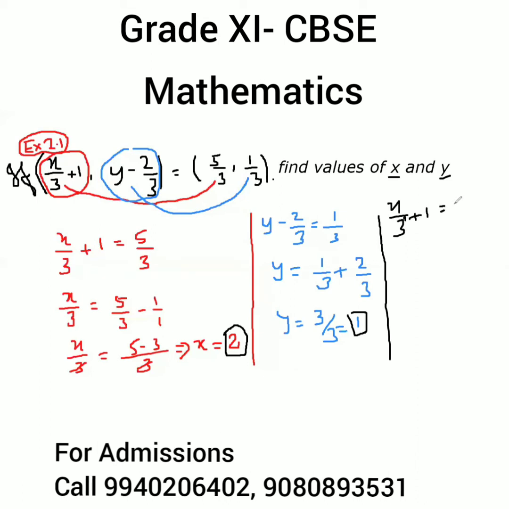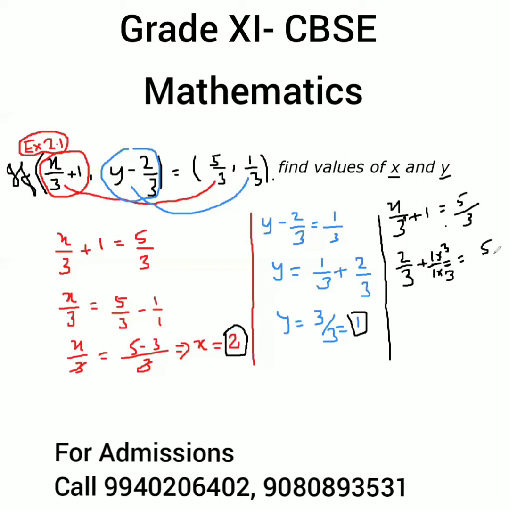So to cross verify, in the place of x we have to substitute 2. So 2 by 3 plus 1, when I take LCM, 1 by 1 becomes, into 3. Understood? Since the LCM is 3, it becomes 2 plus 3, which is 5 by 3. It came out correct.